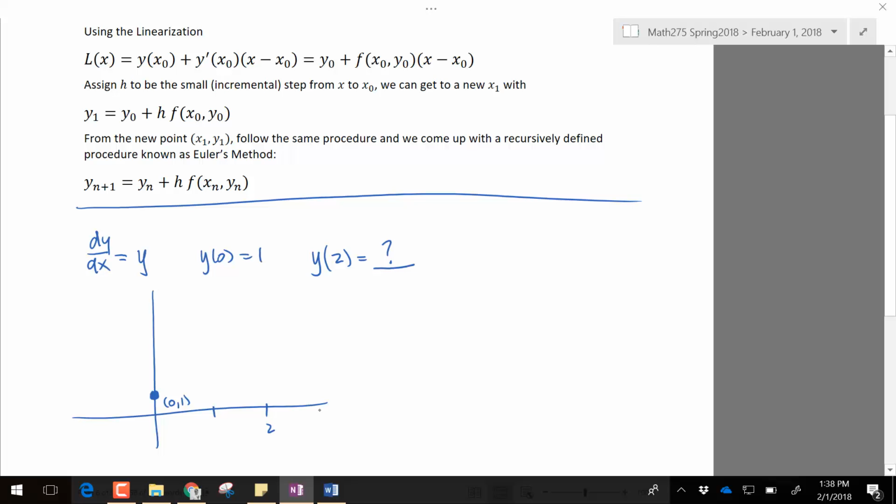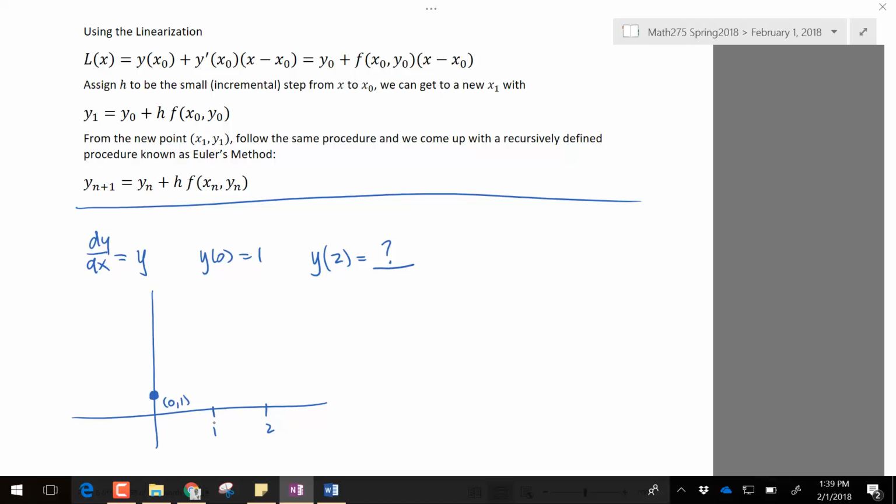And what we could do is take steps. The more steps you take, the more calculations you have to do. But the fewer steps you take, the less accurate you're going to be. So there's a balance: do you want to be accurate or do you want to do a lot of calculations?